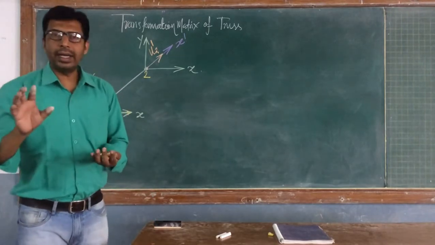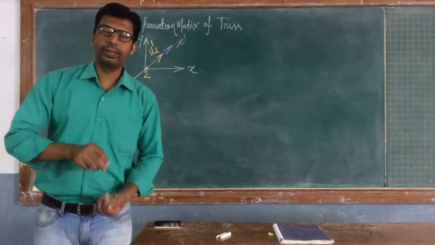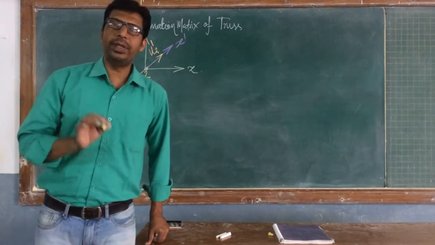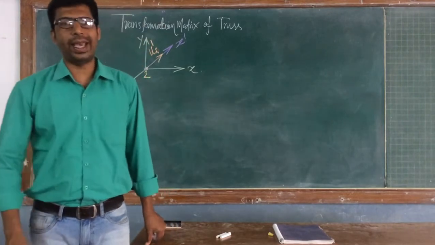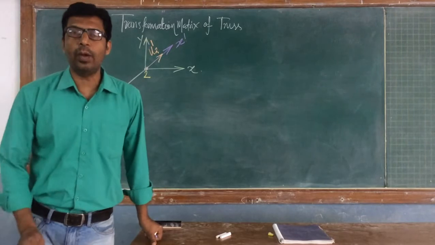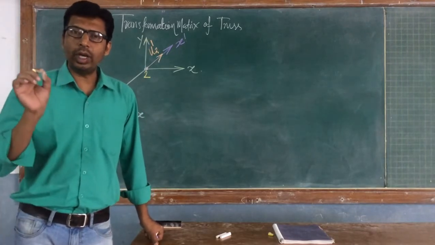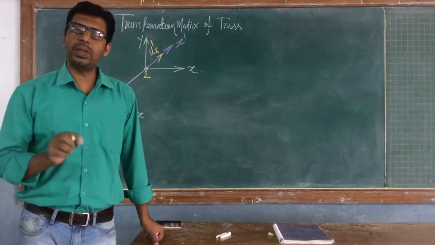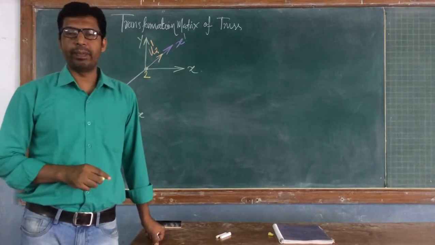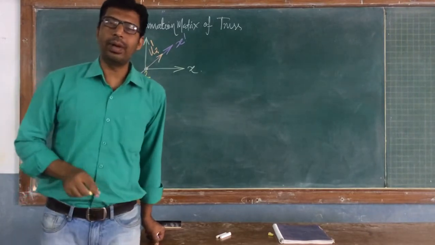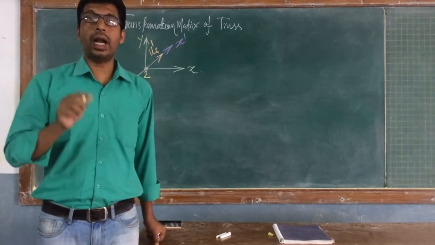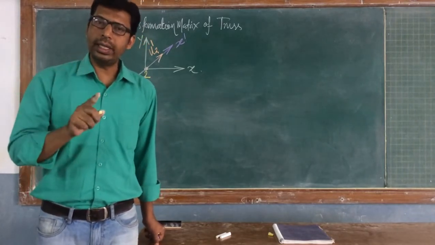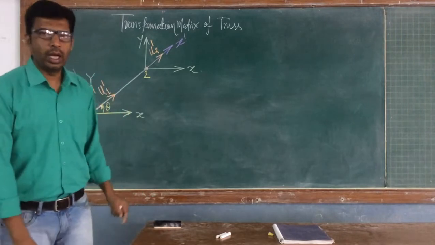Now when this bar is part of a truss, the truss is normally subjected to two directional forces, x and y directional forces, and therefore each joint of the truss is subjected to two displacements, horizontal displacement and vertical displacement. So in the global coordinate system, at each joint there are two unknowns.